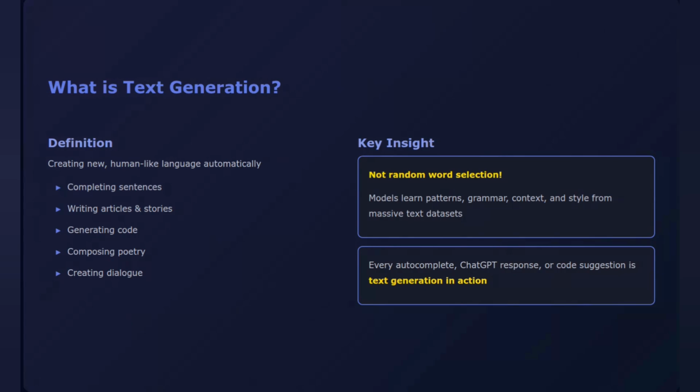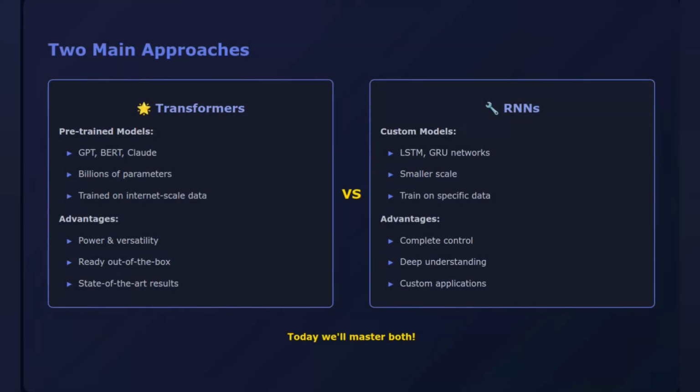These models are trained on massive amounts of text data and learn the patterns, grammar, context, and even the style of human language. Think about it. Every time you use autocomplete on your phone, ask ChatGPT a question, or use a code completion tool, you're experiencing text generation in action.